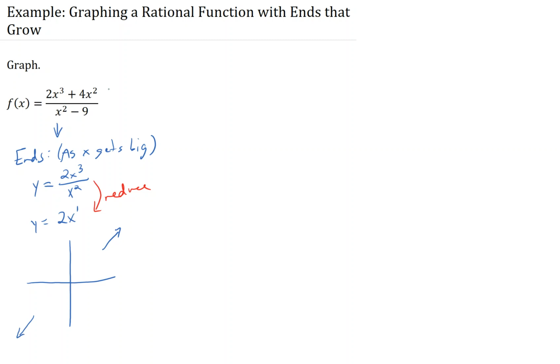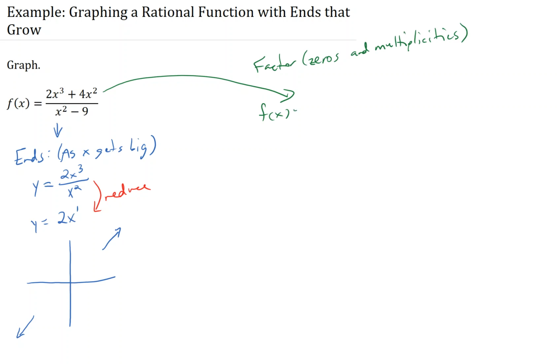Now, the other thing we need is the factored version of this to get our zeros and multiplicities, or number of sign changes at each zero. So when we do that, on top I can pull a 2x squared out, leaving behind an x plus 2.